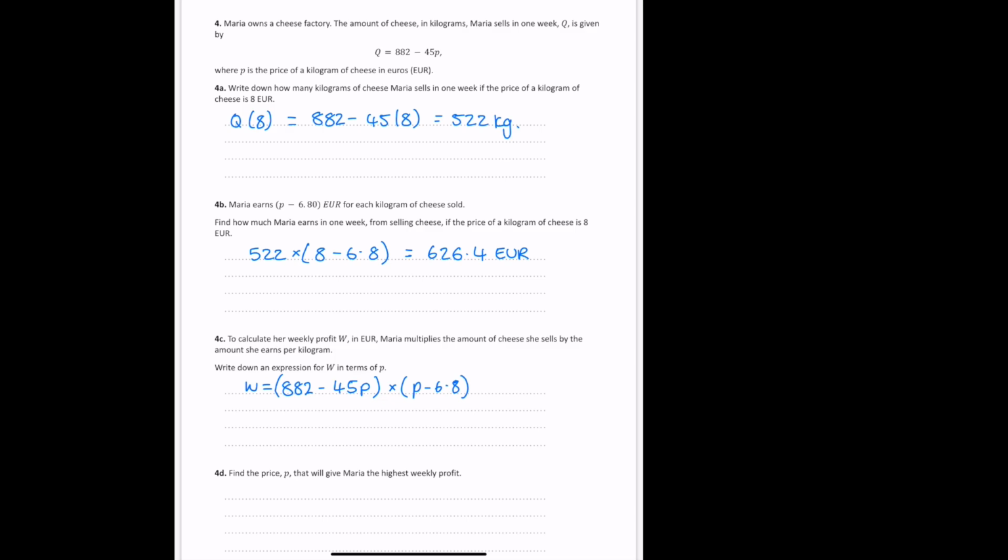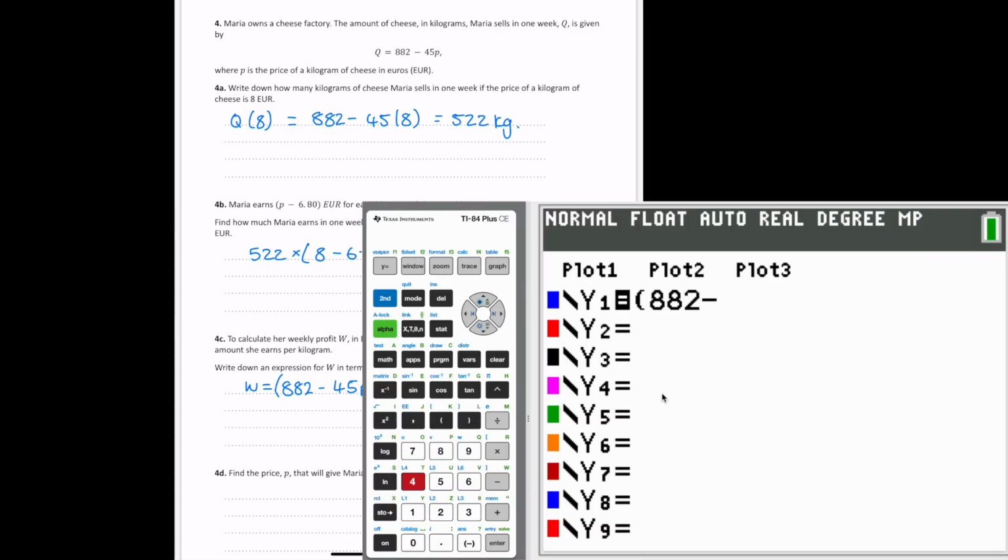So if I go to my function, I'm going to type in 882 minus 45. Now, when you're typing it into the calculator, you have to type it in with X. Okay, it can't be any other letter, so it does need to be X. So 882 minus 45x, and then we're timesing that by x minus 6.8.